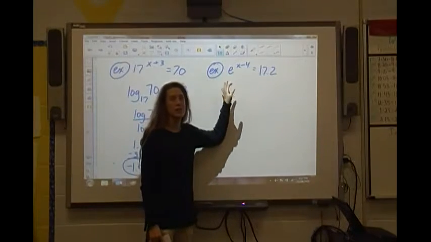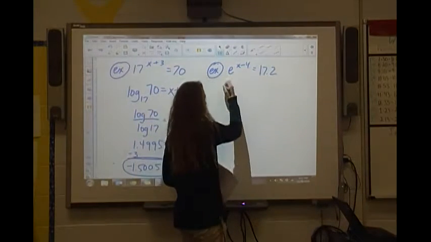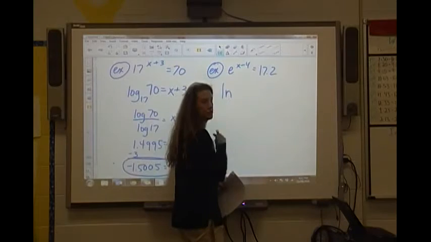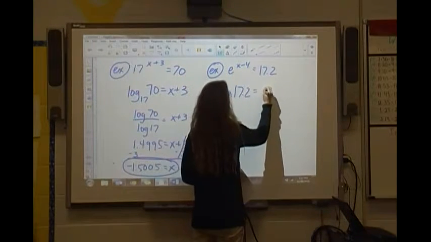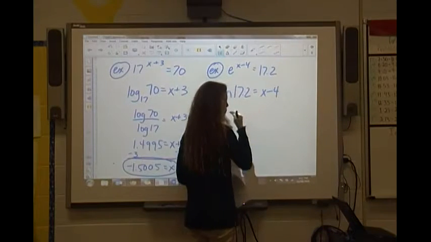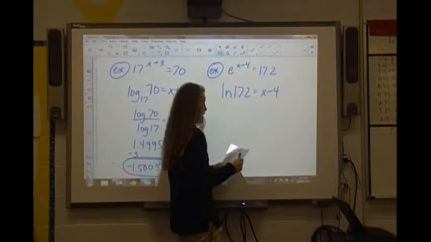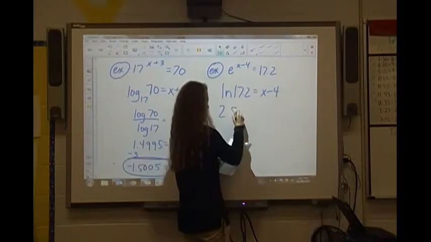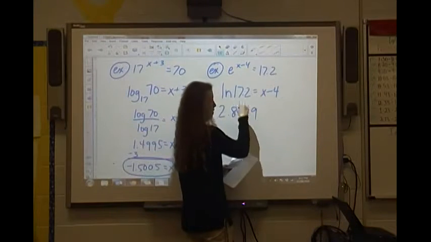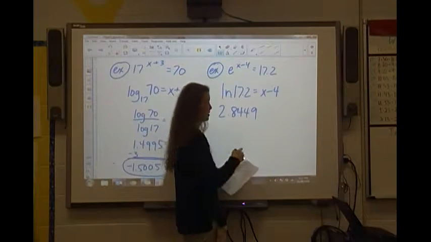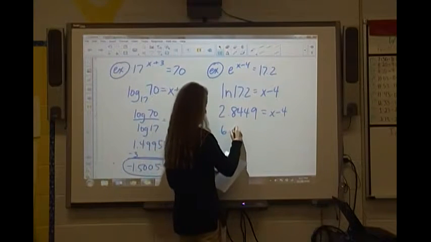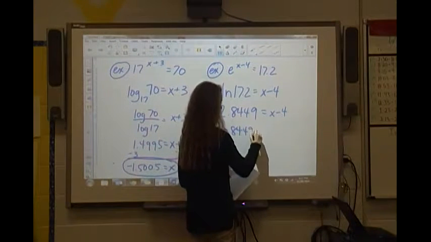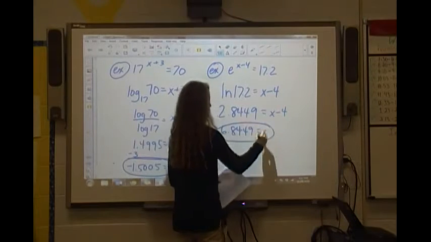But our log base e is really just natural log, so natural log represents log base e of 17.2, and that's equal to our exponent of x minus 4. So when I solve that, I get 2.8449. Look at that, didn't have to use change of base formula, so that's nice. Equal to x minus 4, add the 4 over, so I get 6.8449 is equal to x.